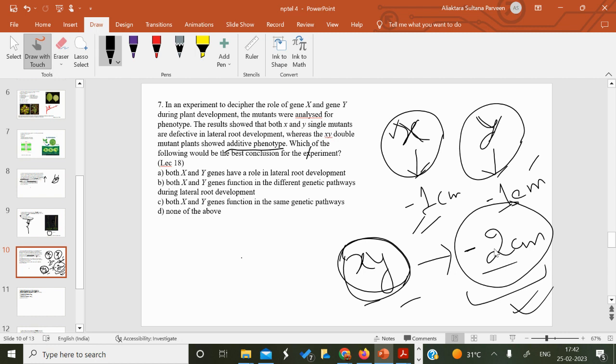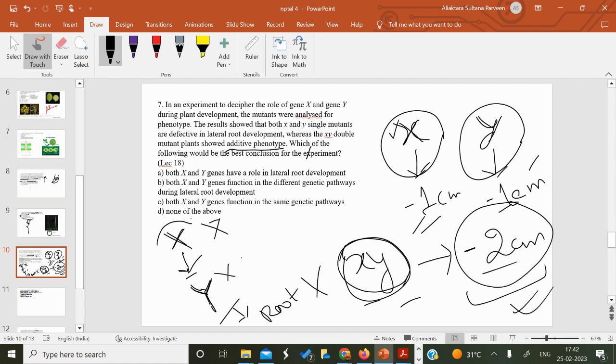Because when they interact, suppose X was promoting or inhibiting Y. In that scenario, if you mutate X, then the function of Y, say in root development, cannot be activated or suppressed, so your root development will be hampered.